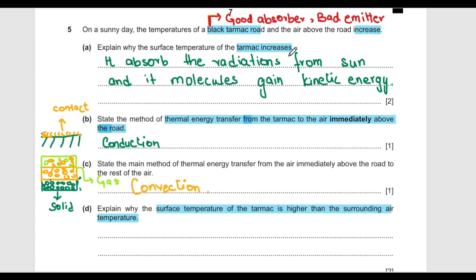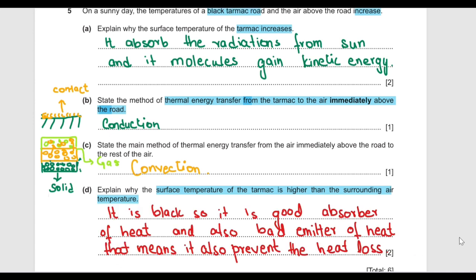It will heat up quickly, and the other thing is that it will not emit the radiation, and it will also prevent the heat loss from the road, and this will make it hotter than the outside environment. I have written it is black, so it is a good absorber of heat and also a bad emitter of heat. That means it also prevents the heat loss.